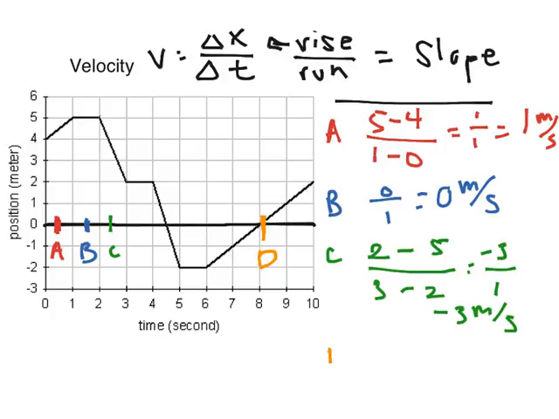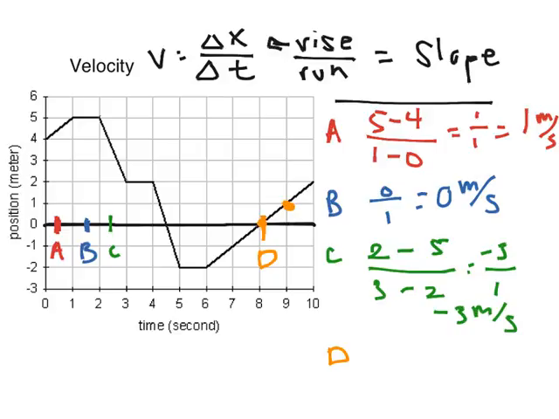And then we can look at D. Now, D is a pretty long line. You can pick any 2 points on it because it is a straight line. I'm going to pick this point here on the origin and this point here at 9 seconds. So I'm just going to go 1 second away to make it easy to solve. Rise over run, you can see we've risen 1 again.